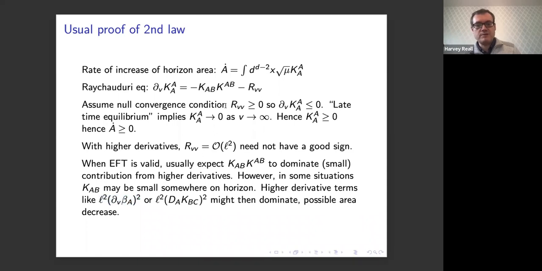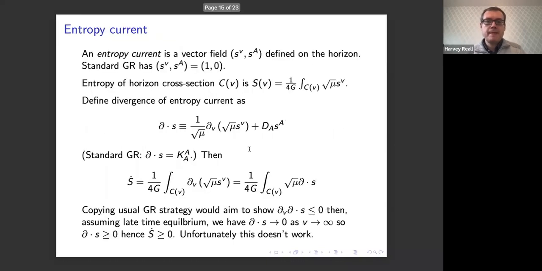There's no reason a priori why this gives us any control over this, or even over this, where this is a spatial derivative of K. It could happen that K is small somewhere, but its spatial derivative is not small, in which case this would not dominate this. And so the validity of effective field theory doesn't guarantee that the right-hand side has a good sign. We need to find a way of controlling that.